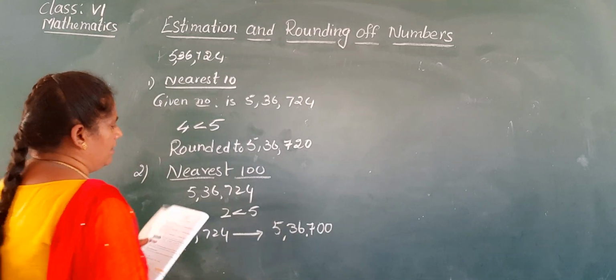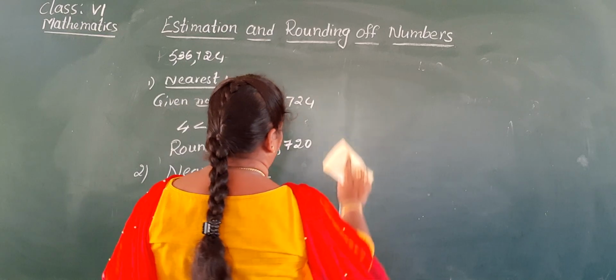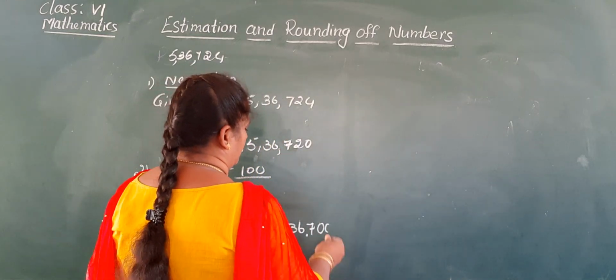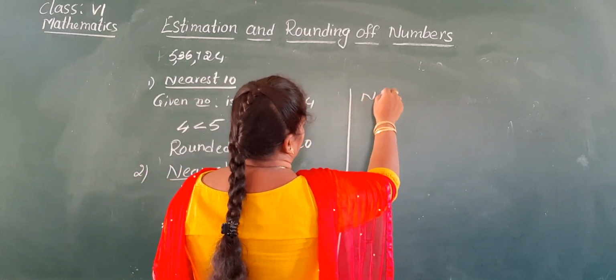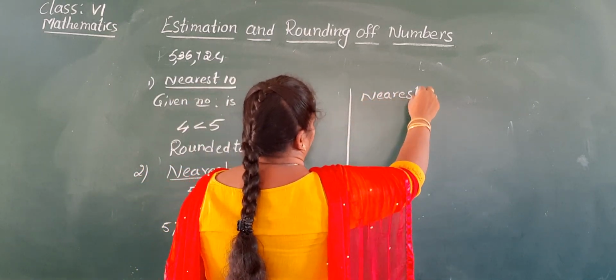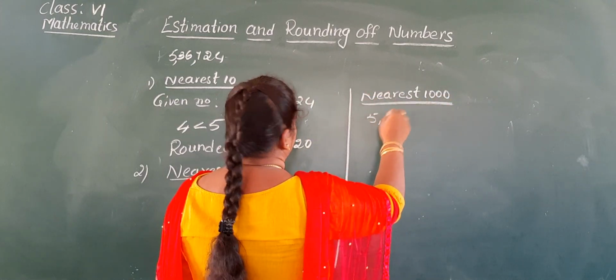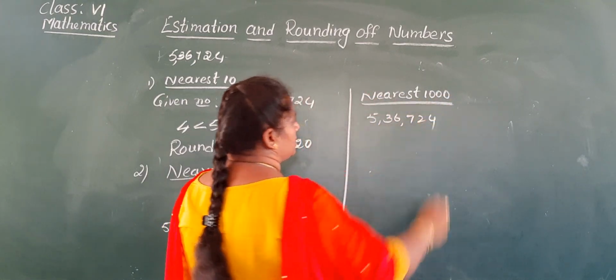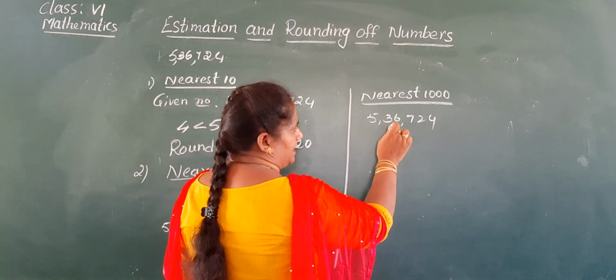And next, nearest 1000. To round off the given number to the nearest 1000, first you see the digit in the hundreds place. The thousands place is this one.